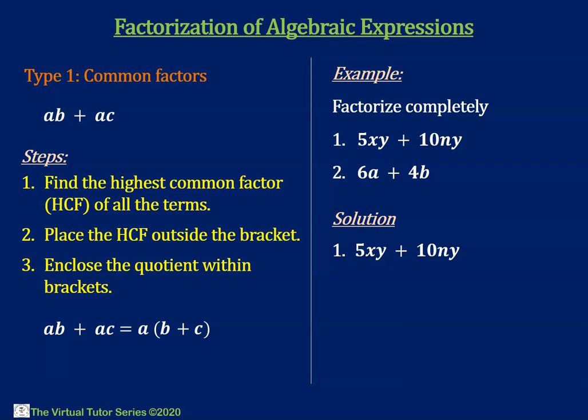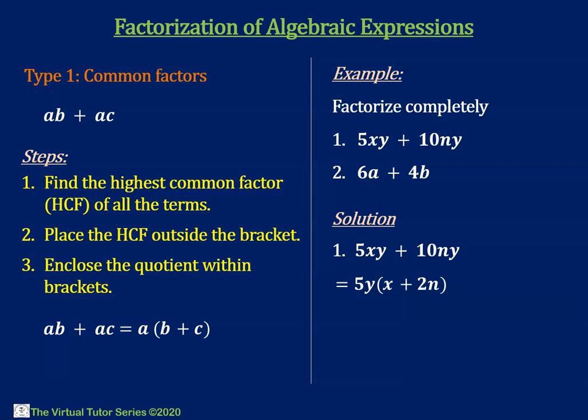So let's bring 5y outside of the bracket. Then open the bracket. 5xy divided by 5y is x, and 10ny divided by 5y is 2n. Therefore, the quotient is x plus 2n. Bracket closed. So that's it for example 1.